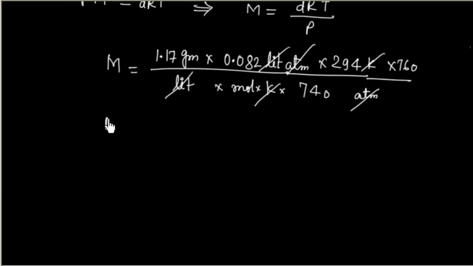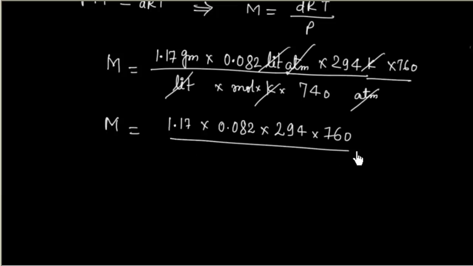So finally molecular weight is equal to 1.17 times 0.082 times 294 times 760 divided by 740, and the unit will be gram per mole.